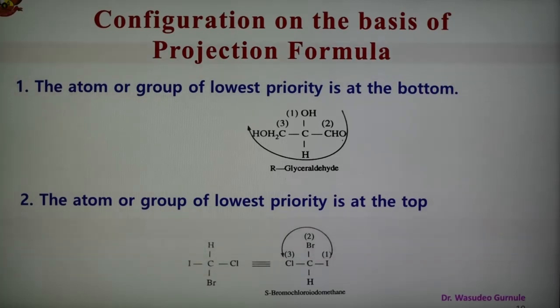There are 3 important points. Number 1: the atom or group of the lowest polarity is at the bottom. Then simply rotate the eye in order of decreasing polarity. The configuration is R if the eye travels clockwise, and S if the eye travels in an anti-clockwise direction.